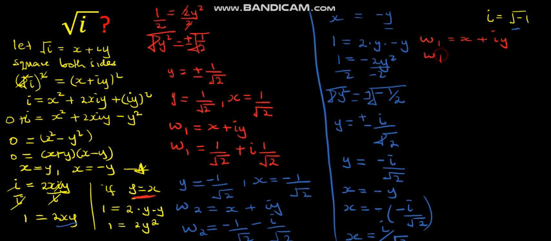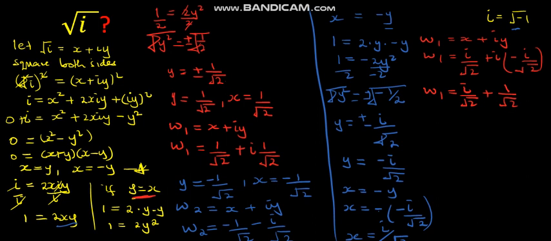So w1 is equal to, what is x? x we say that it is i out of root 2 plus i. What is our y? Our y we say that it is negative i out of root 2. Is that okay? Now negative i times i is negative 1. Negative 1 times a negative, we get a positive. Therefore our w1 is i out of root 2 plus 1 out of root 2.